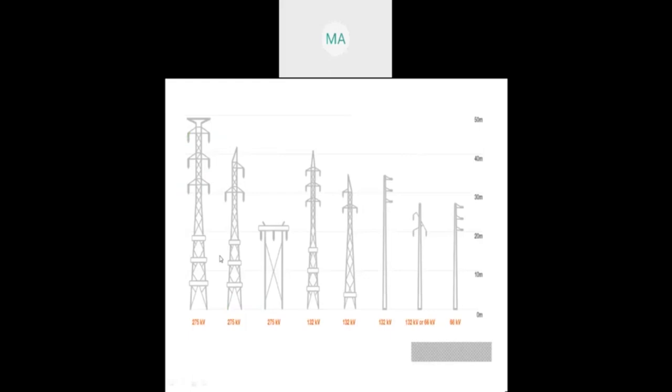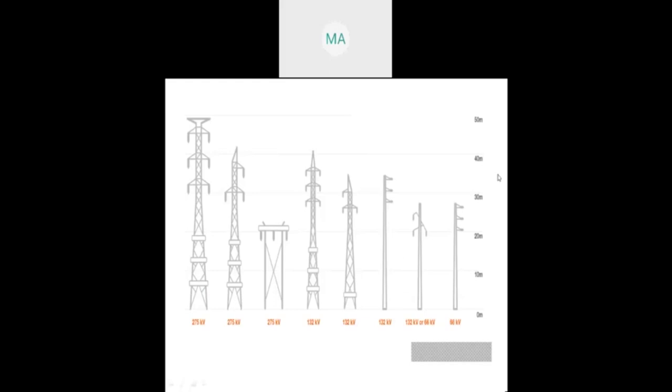Here you can observe the AC transmission line and which type of towers we use for transmission. By seeing the tower structure, you can observe which voltage is being transferred through the conductors, based on the height of the towers. If it is 66 kV, the tower is below 30 meters. If it is 132 kV, it is between 30 and 40 meters.